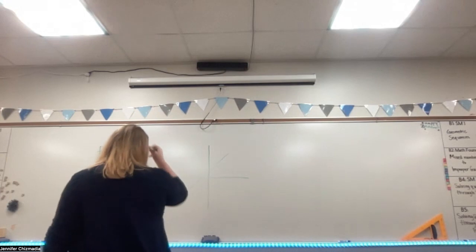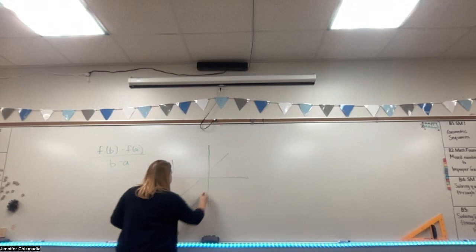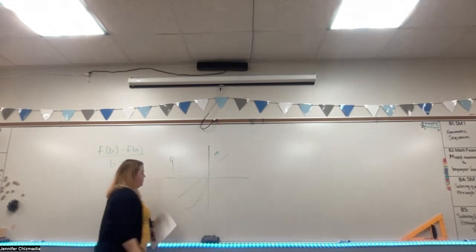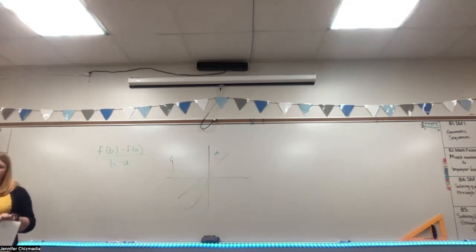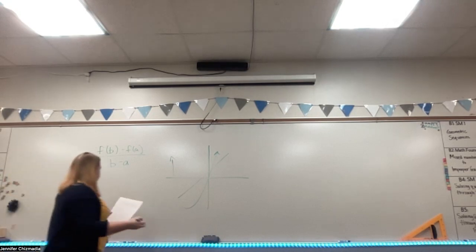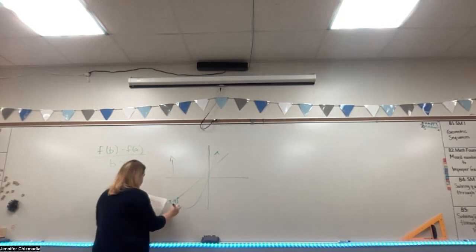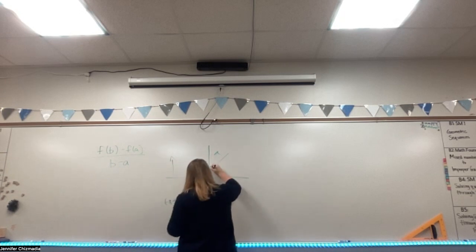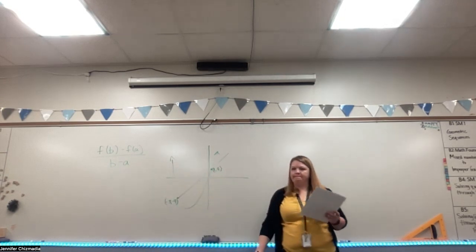Okay, you'll see that when they do it graphically, let's kind of sort of draw their little graph here. When they do it graphically, they draw a line between the 2 points. And then they find the slope of that line. So in the example on your guided notes, it says -3, -4, and this other one is way off as far as actual scale goes, but we're gonna pretend 1, 4.